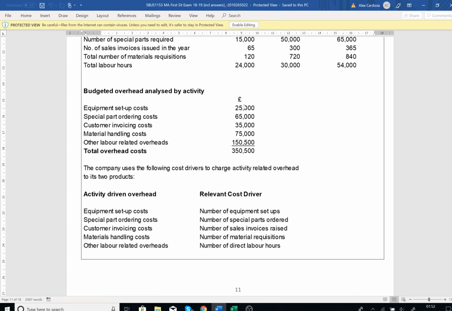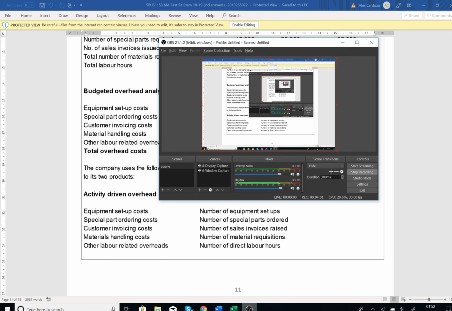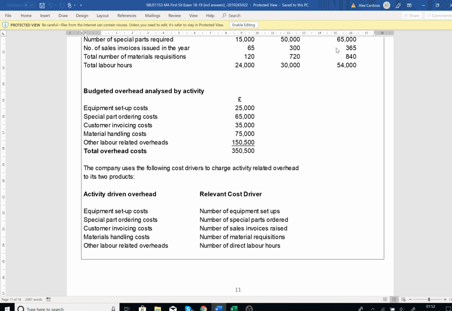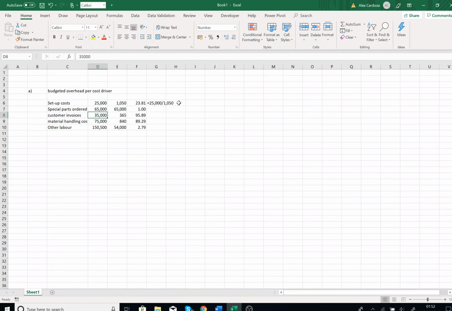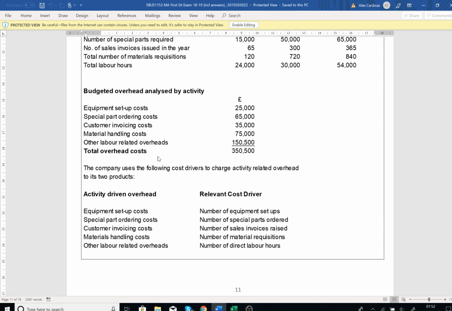Customer invoicing costs, 35,000. What drives that cost is the number of customer invoices that are sent per year. That's 365, as you can see. So you type in 35,000 divided by 365, which is that. Always do it to 2 decimal places. Materials handling costs: it's the amount of materials that are ordered, which is the number of material requisitions, which makes sense.